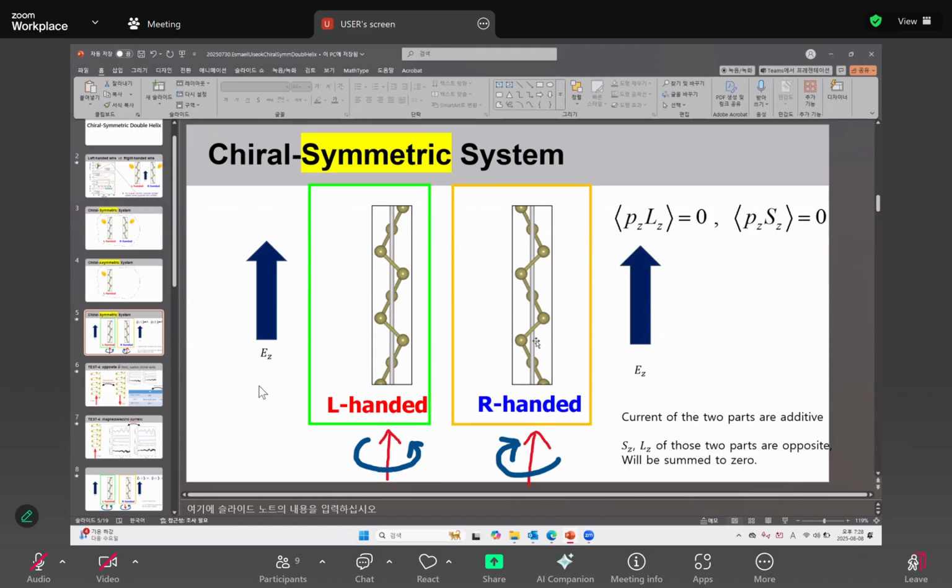So here in this condensed matter, let us define something like a helicity, like a momentum multiplied by the rotation, orbital plus spin.